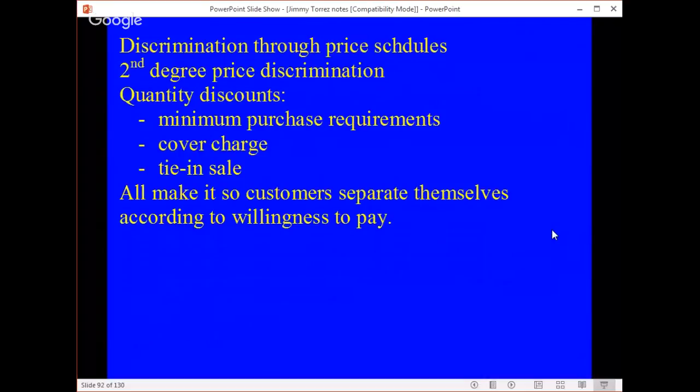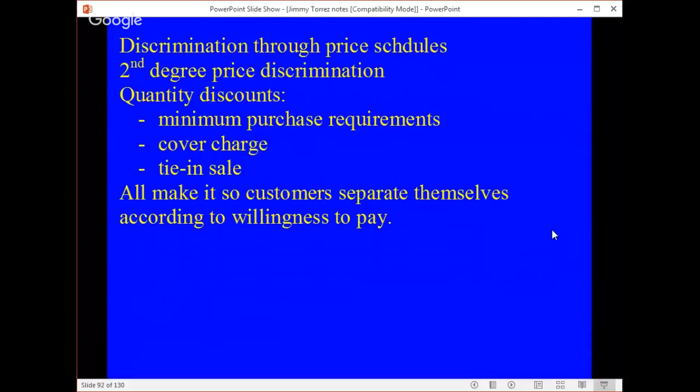Okay, we have first degree price discrimination and we have third degree price discrimination. So that means that we definitely are going to have something in between the two, second degree price discrimination. Now, my MBA book has a different classification for second degree and third degree than your book does.